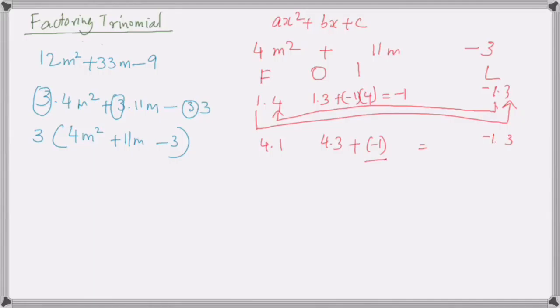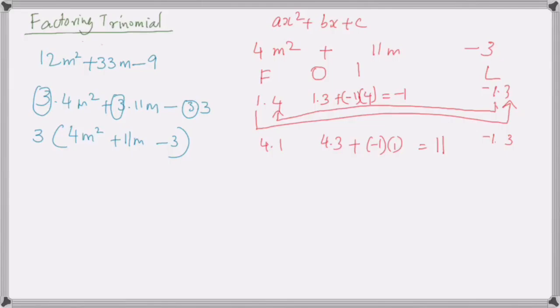That term would be negative 1 times 1, not negative 1 times negative 1. So the sum of this would be 12 plus negative 1, that would be 11, right? So this 11 is equal to this 11. So here's the solution. We got the right factors.